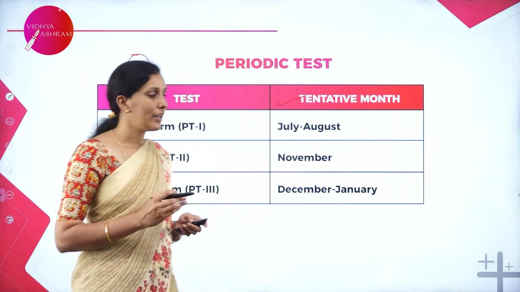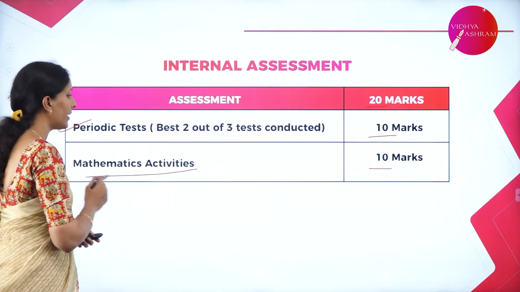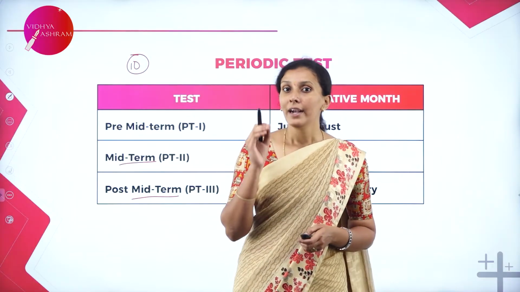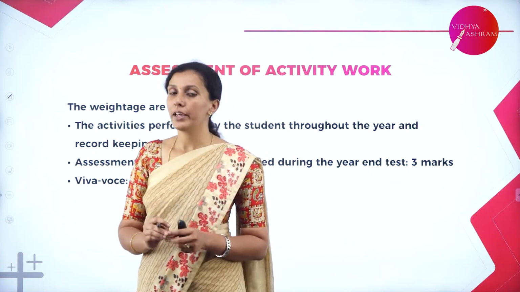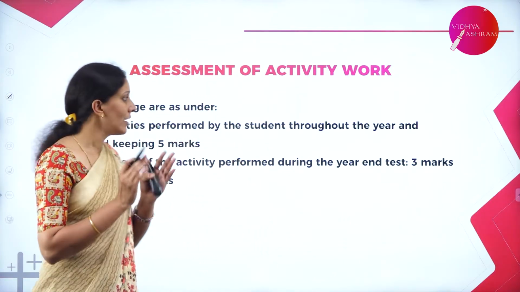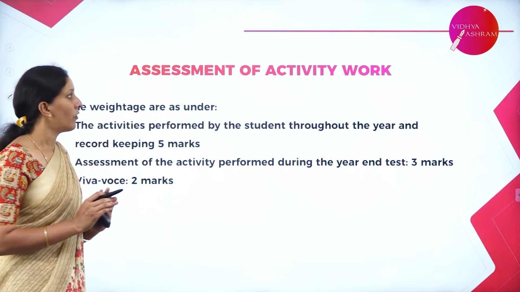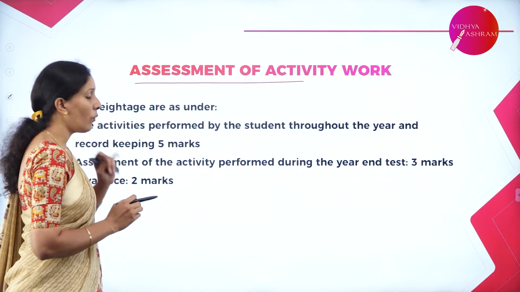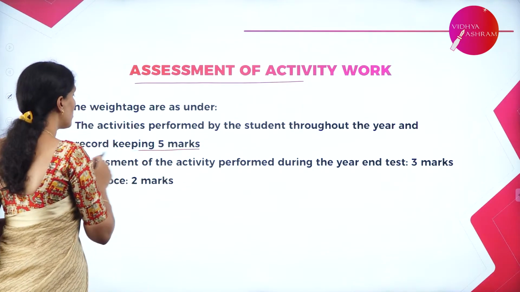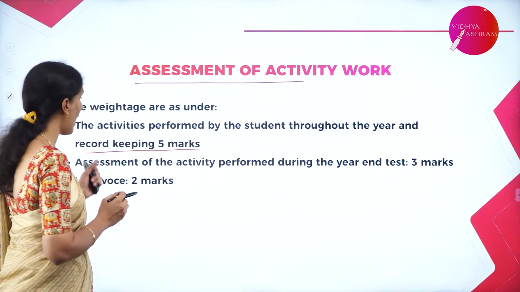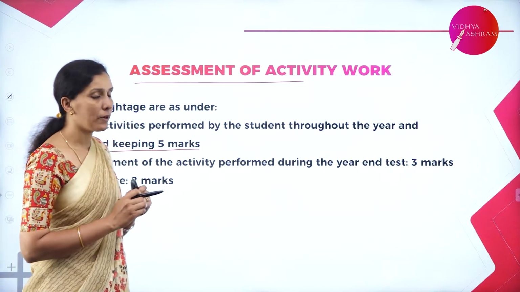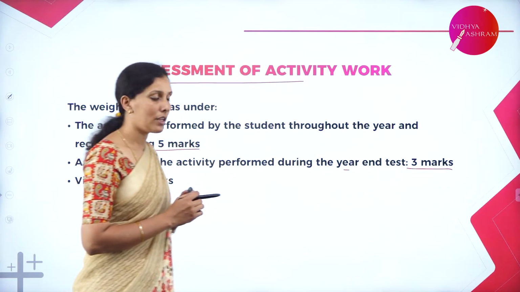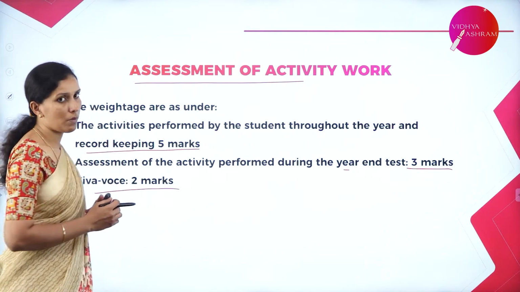And the next 10 marks is for your mathematics activities. Each student is supposed to perform 10 activities, and you should keep a record of all those activities. Thus, the 10 marks for assessment of activity work will be given, and it is divided as follows: 5 marks for record keeping and assessment of the activity performance, 3 marks for the year-end test, and 2 marks for Viva.